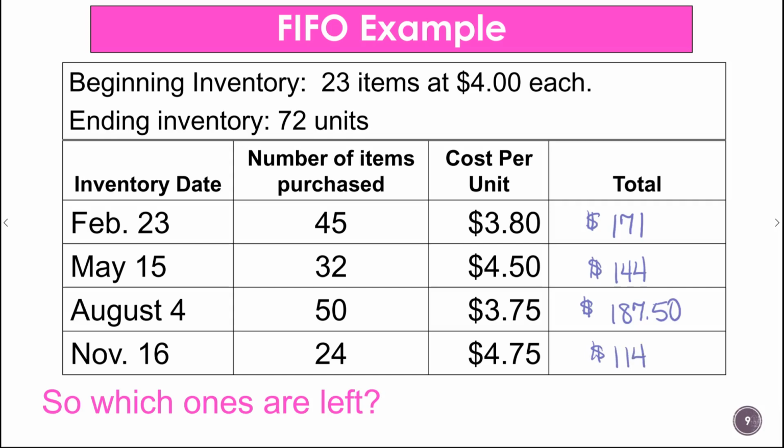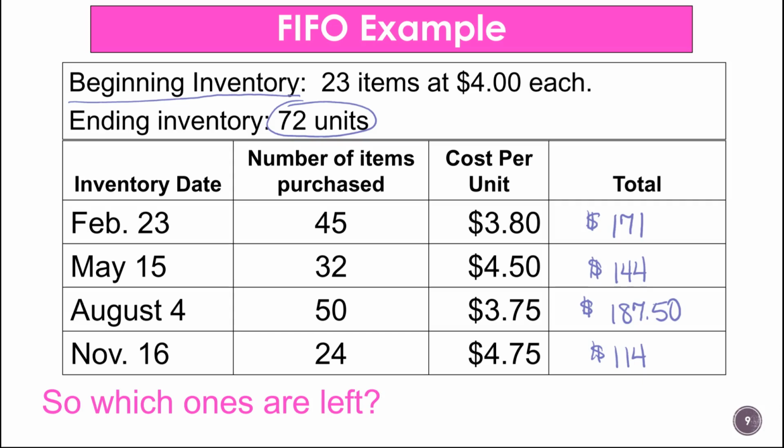We notice that our ending inventory is once again 72 units, and we had a number in beginning inventory. We have to consider that depending on which one we're working on, FIFO or LIFO. So first in, first out, last in, first out.